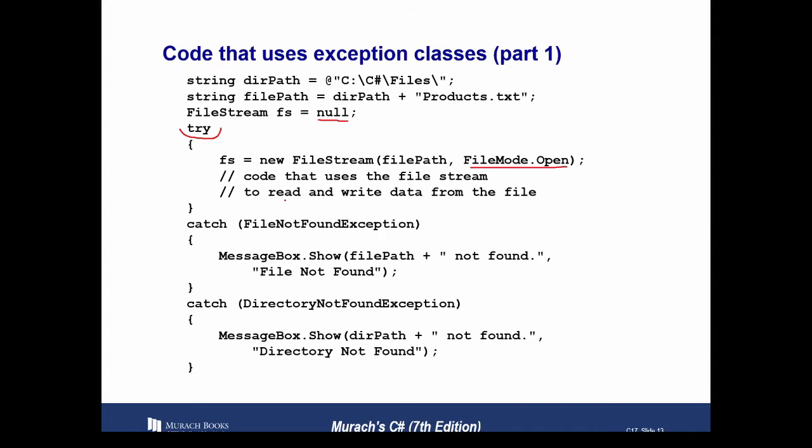And this is the code that uses the FileStream to read and write data from the file. The first thing we're going to try. And if not, we're going to say FileNotFoundException. And then there's just a little message box that you can put in there. And then finally, the last one, DirectoryNotFoundException. And again, you can put your message box in there.